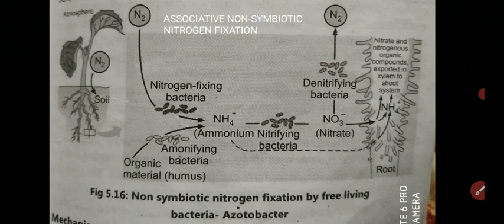So let's see what is the mechanism of nitrogen fixation in Azotobacter. First, the bacterium has developed a special type of mechanism for protection of the nitrogenase enzyme from oxygen. It is a significant intensification of metabolism that reduces the concentration of oxygen in the cell.